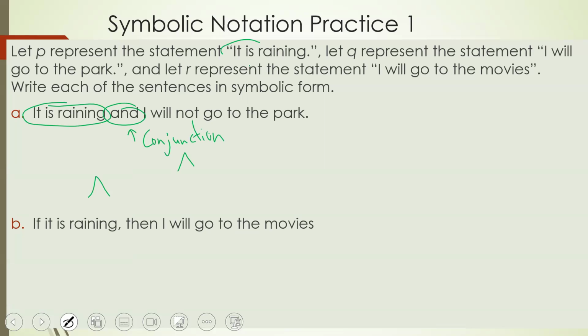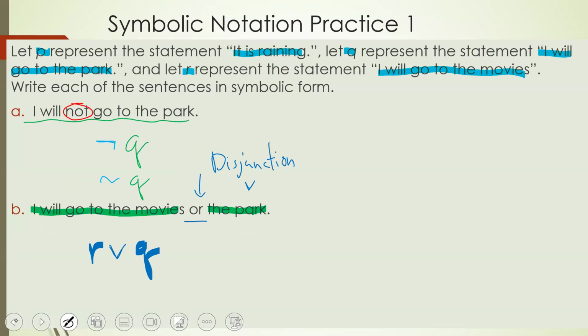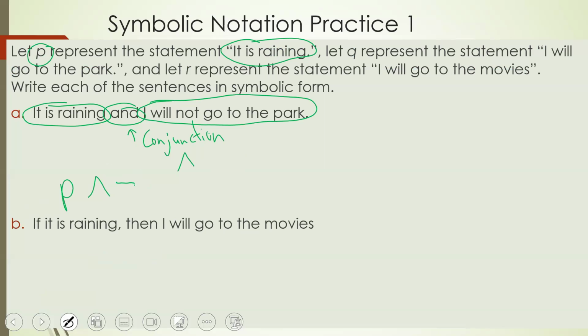And from up above, I know that that is represented by the symbol P. So I have P on the left. And the second one says, I will not go to the park. If I go back to the previous slide, we had already represented that specific statement symbolically right here with this kind of side L Q. So I know that the second part of our statement should look like that. So it would be P with the upside down V, not Q, or we could read that as P and not Q.